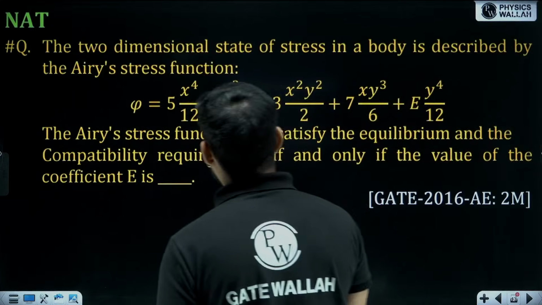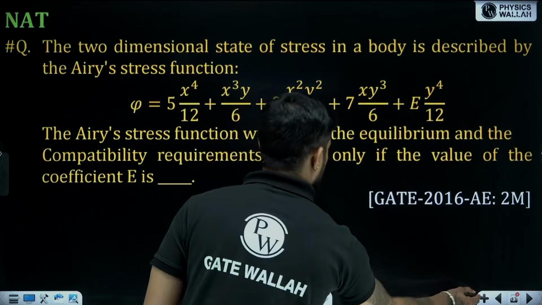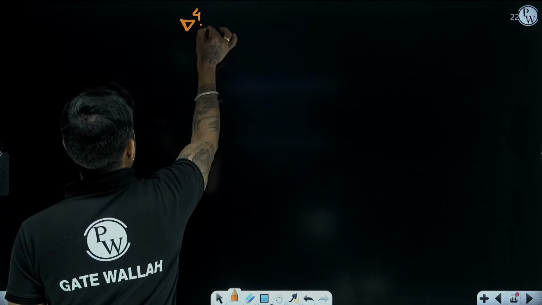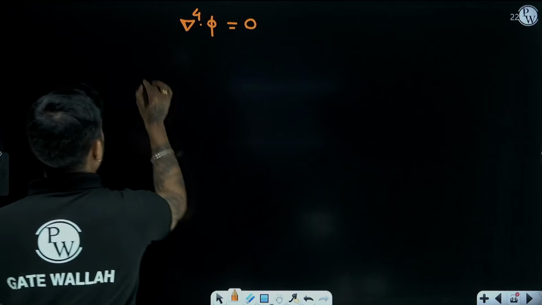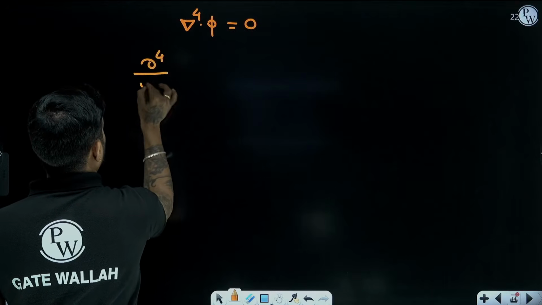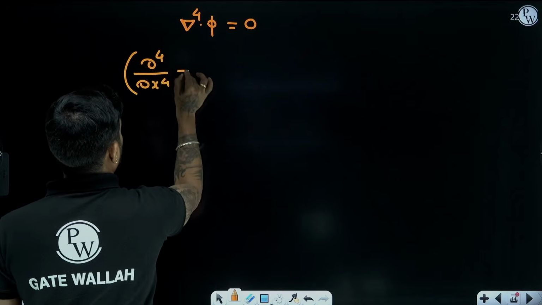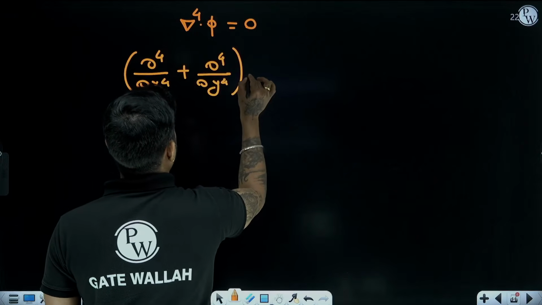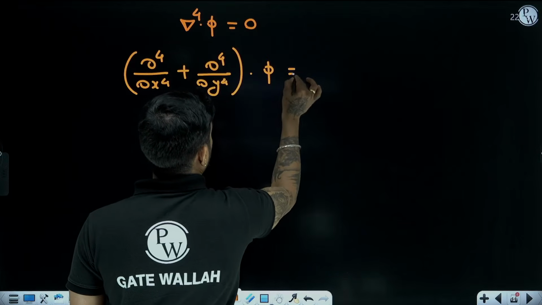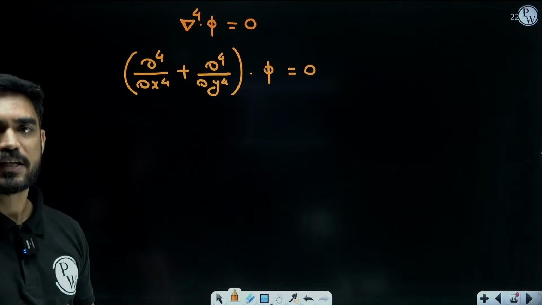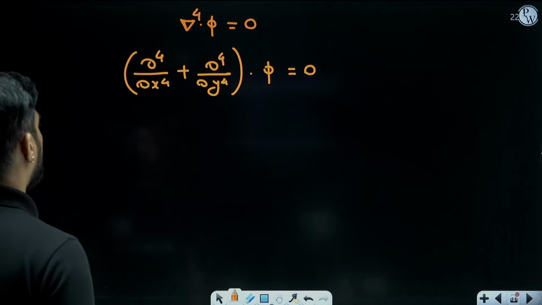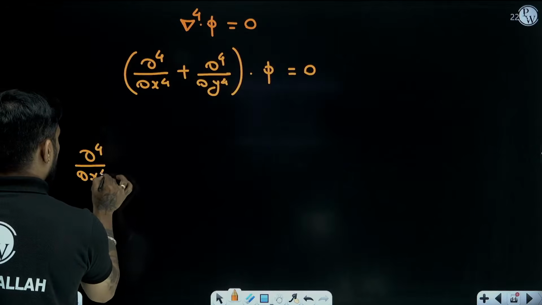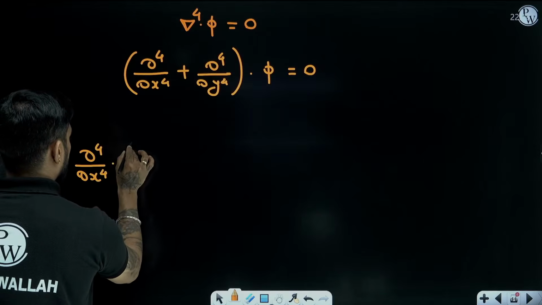Just satisfy the biharmonic equation. What is the biharmonic equation? Delta to the power 4 phi equal to 0, or dou to the power 4 by dou x to the power 4 plus dou to the power 4 by dou y to the power 4 into phi equal to 0. We need to satisfy only this equation. So dou to the power 4 by dou x to the power 4 into phi.